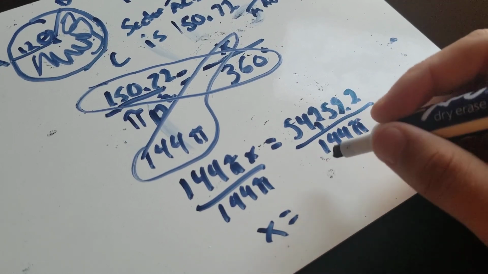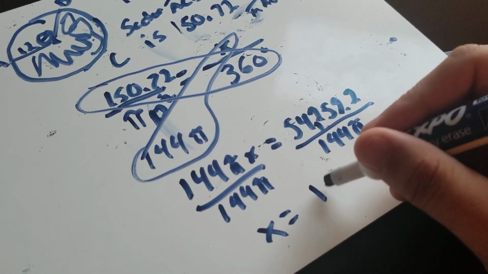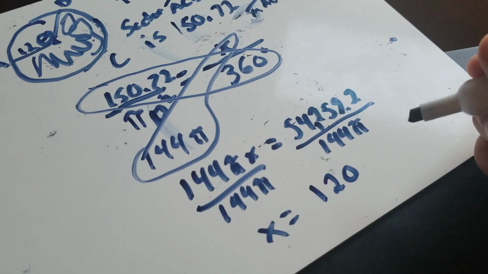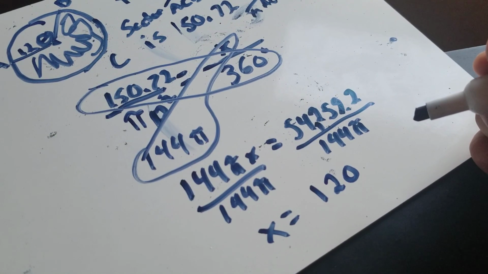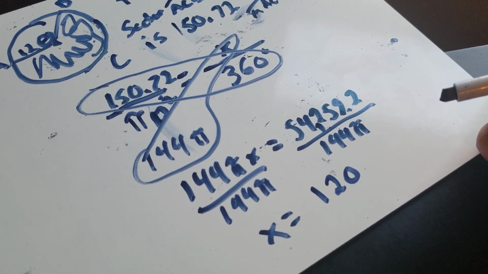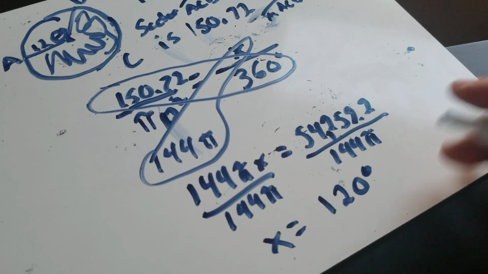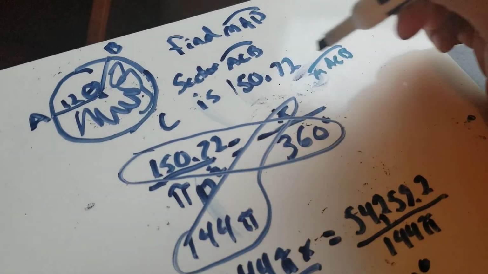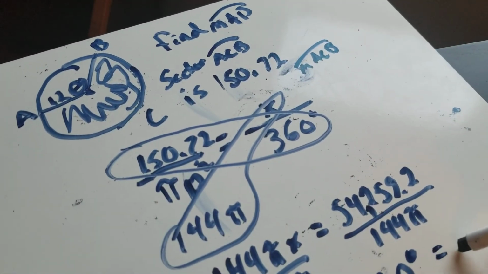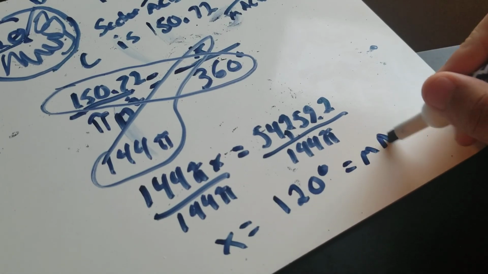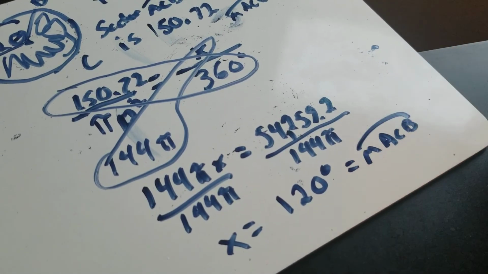So I get x equals 120. Okay, so this is 120 degrees. So x equals 120 degrees. So the measurement of the arc ACB is 120 degrees.